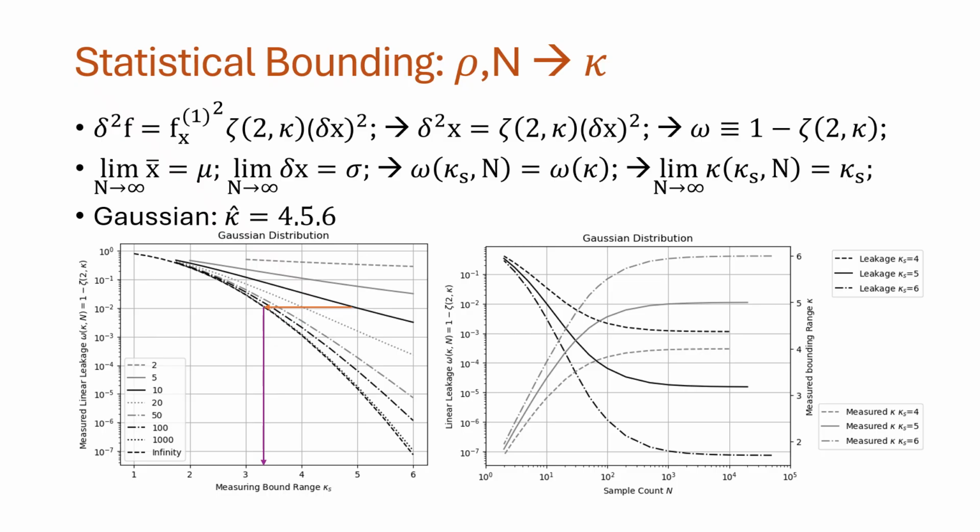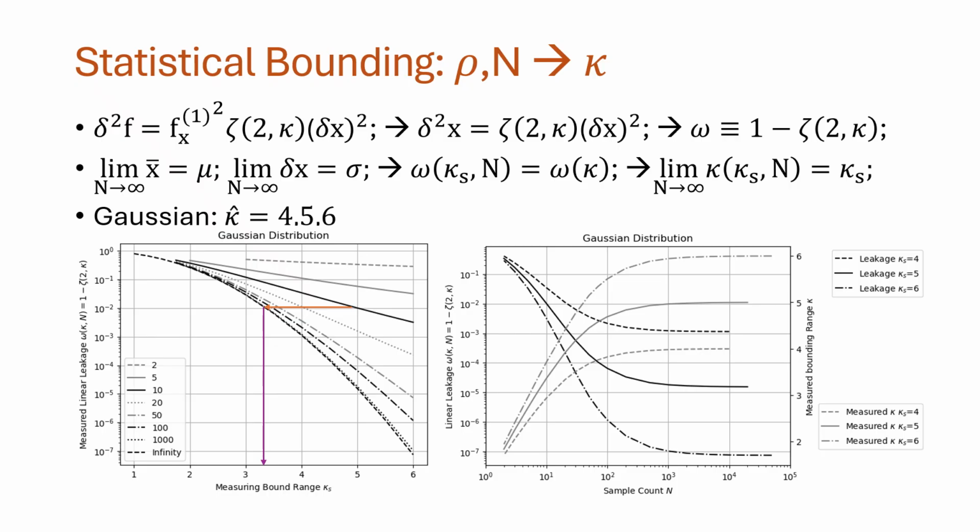the linear leakage at different sampling ranges, like 4, 5, 6, we get this relation. We can see the linear leakage for a given kappa hat, the measured linear leakage, decreases with the sample count until it reaches a stable distribution linear leakage for that measuring bounding range.